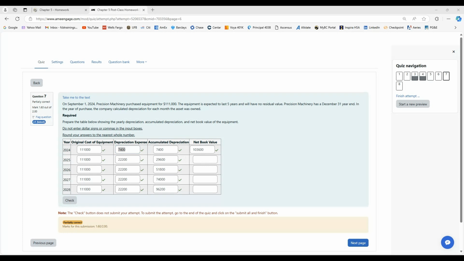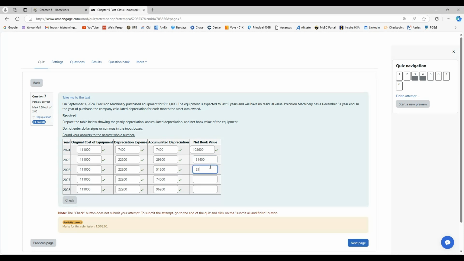And then the net book value is just taking our original cost minus our accumulated depreciation. So at the first year, 111,000 minus 7,400 is 103,600. And then each subsequent year that we had a full year of depreciation, we're just decreasing that number by 22,200 as accumulated depreciation increases by that much.